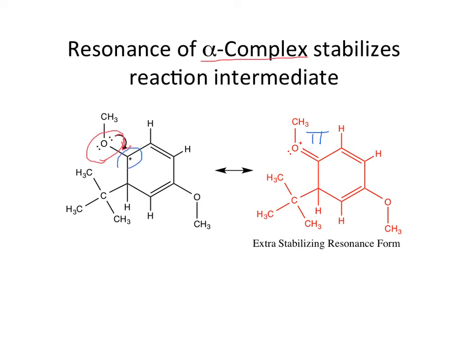Some of the time the positive charge is there, some of the time the positive charge is there. And that extra resonance form tends to stabilize the overall reaction intermediate. And that tends to make the 1,4-dimethoxybenzene more reactive than benzene is by itself.